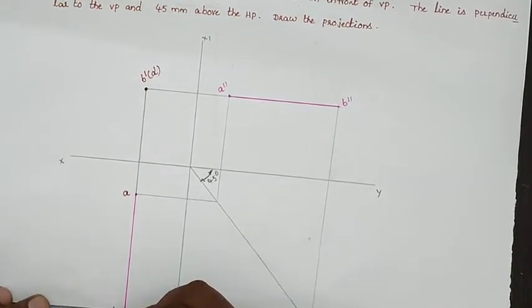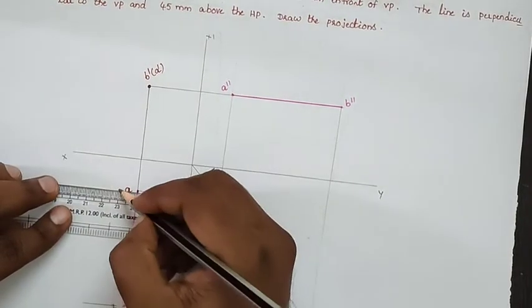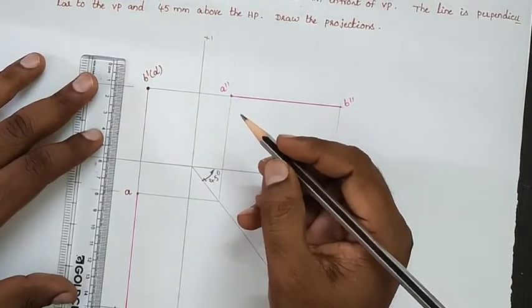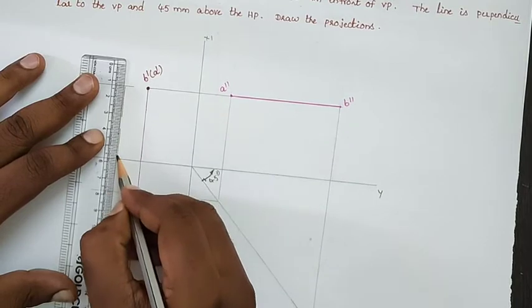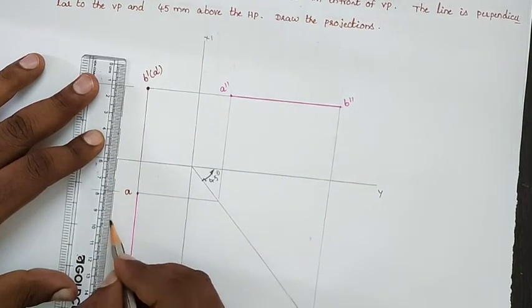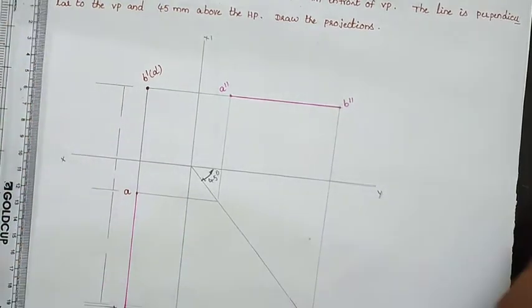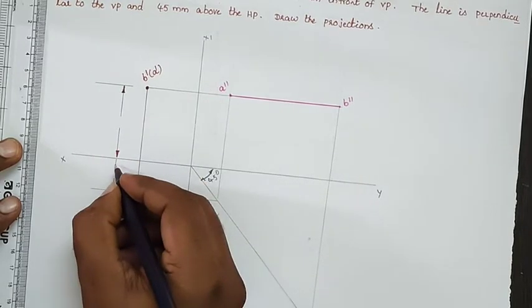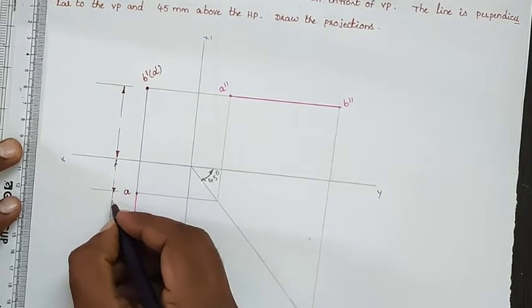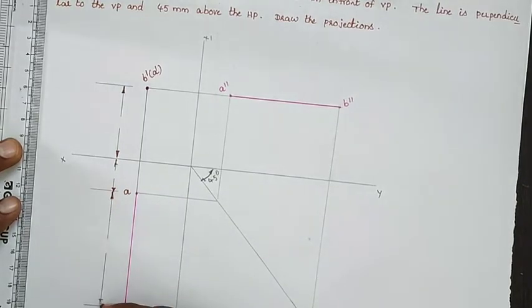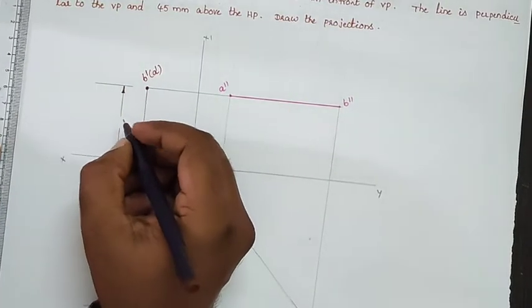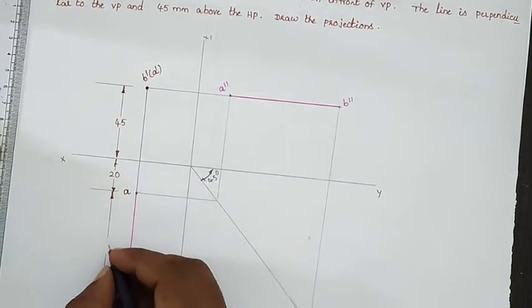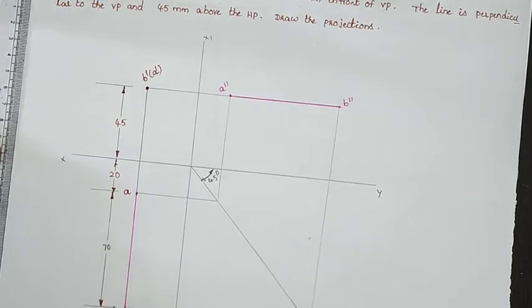The dimensions are 45 mm above HP and 20 mm in front of the VP, and the true length of the line is 70 mm.